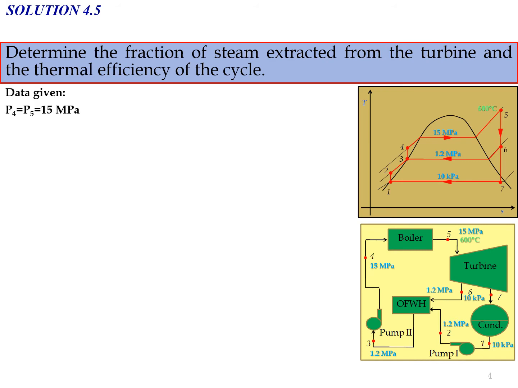The data given here is P4 equal to P5, equal to 15 megapascal, since state 4 and state 5 are on the same constant pressure line, and P1 equal to P7, at 10 kPa, the same constant pressure line of the heat rejection process. And P6, P3, P2 is equal to 1.2 megapascal, which is given in the question. And the temperature at state 6 is 600 degrees Celsius.